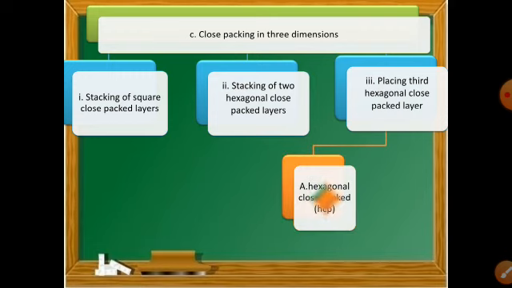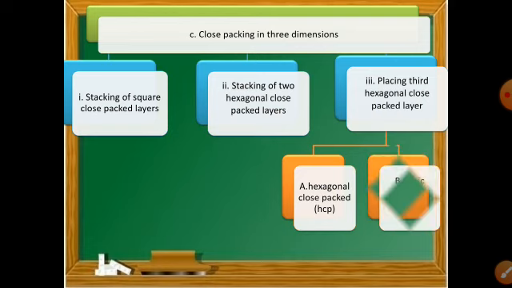Depending upon their unit cell shape, they are classified into hexagonal close pack, that is HCP, and cubic close pack, that is CCP.